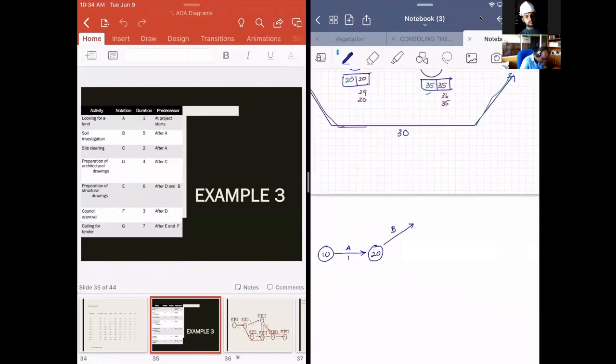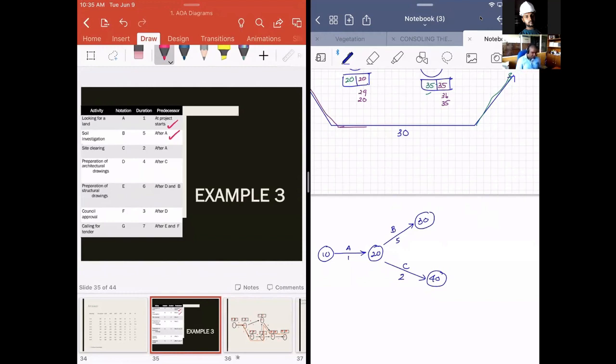B has a duration of 5, let's say I'm using 30. After A. So these are correct. This is done and this is done. C once again should be after A with a duration of 2.